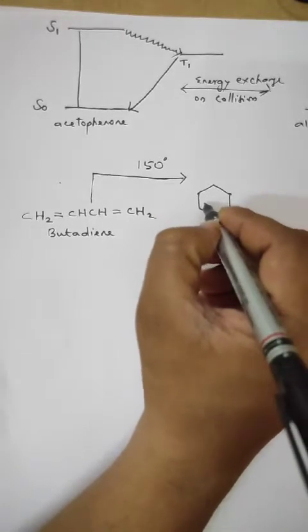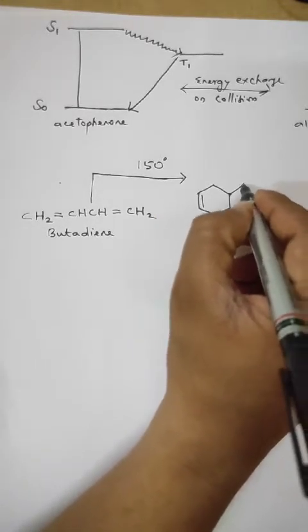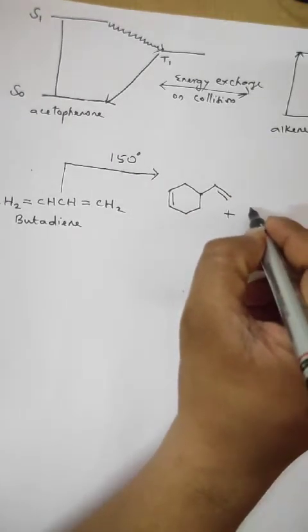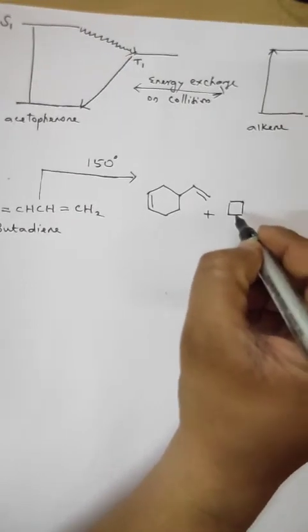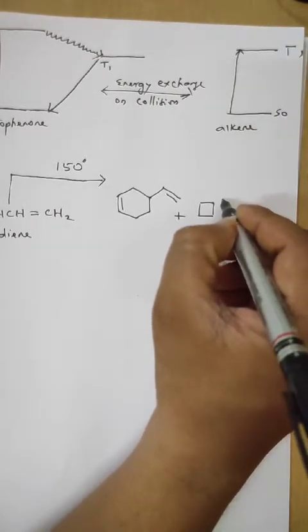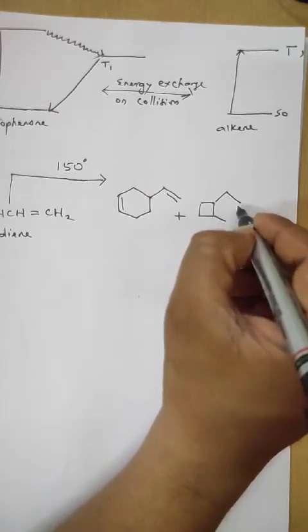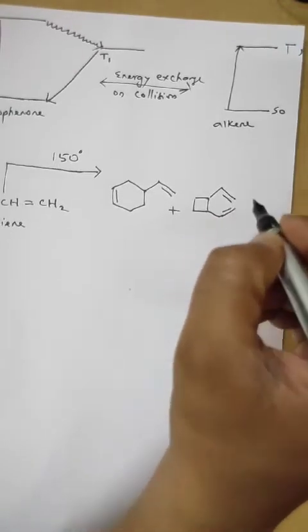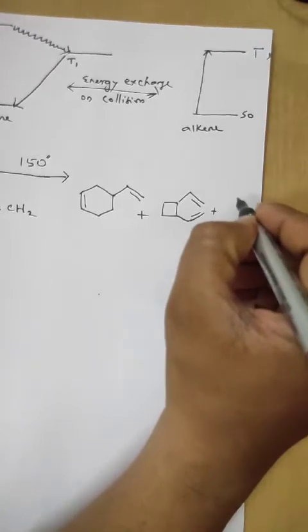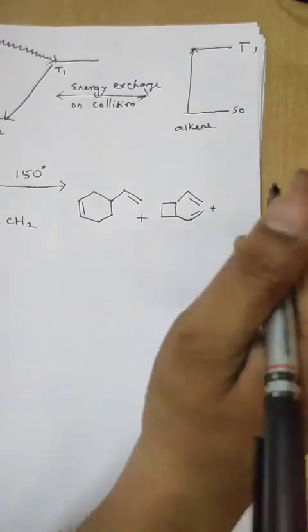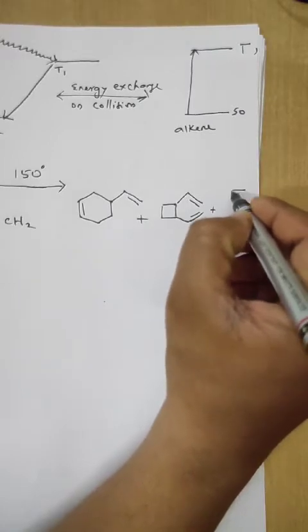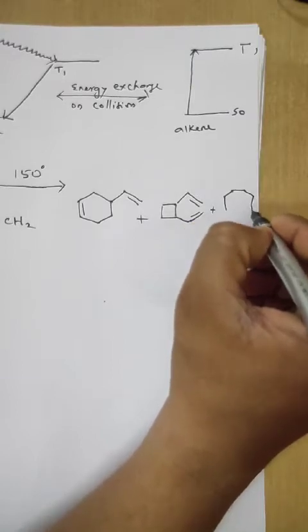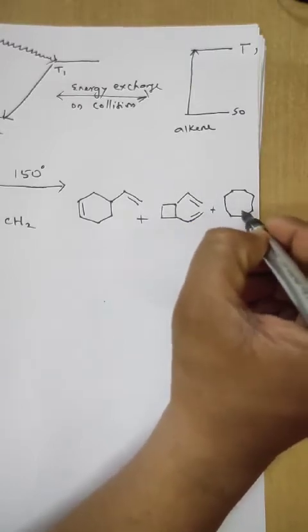You also draw along with me. Plus, plus, 1, 2, 3, 4, 5, 8 ring.